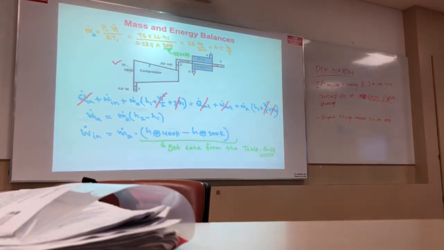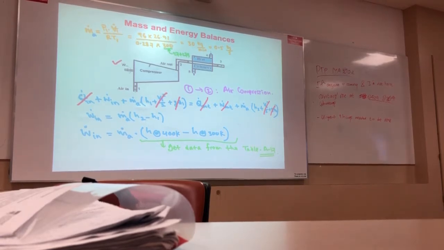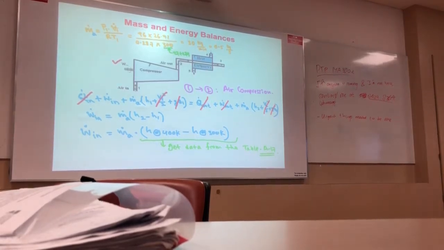Done, right? So now I am going to show you. Okay, this one is the energy balance between 1 to 2. 1 to 2 is air compression, right? Then you understand. I can get it. Can I go next? Yes.